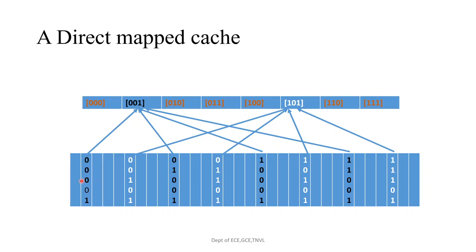If you look at the lower order 3 bits, the address is 00001, hence the lower order 3 bits are 001. Here, this is also 001. Here, this is also 001, and here, this is also 001. So all 4 locations will be mapped to 001, that is the address in the cache.